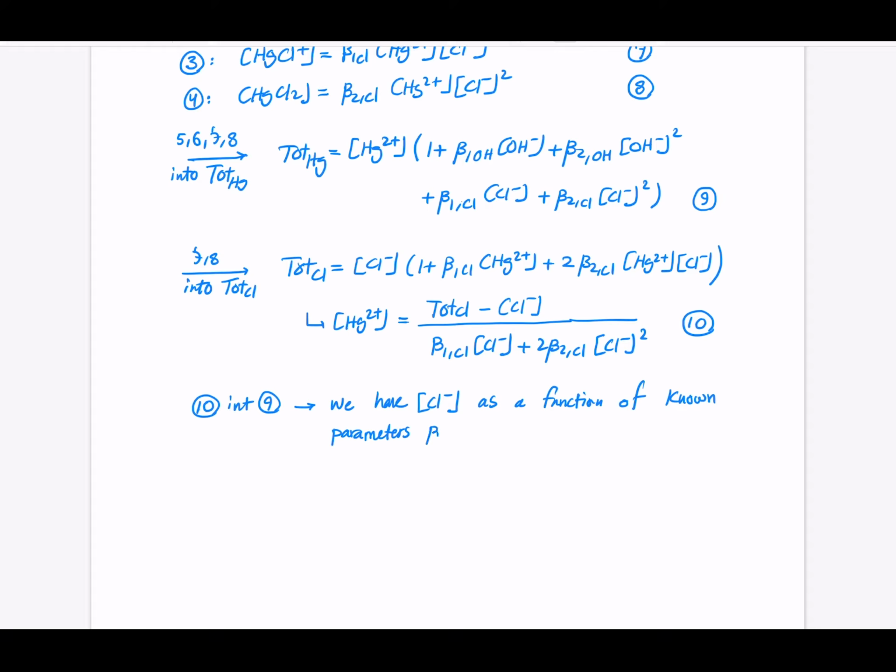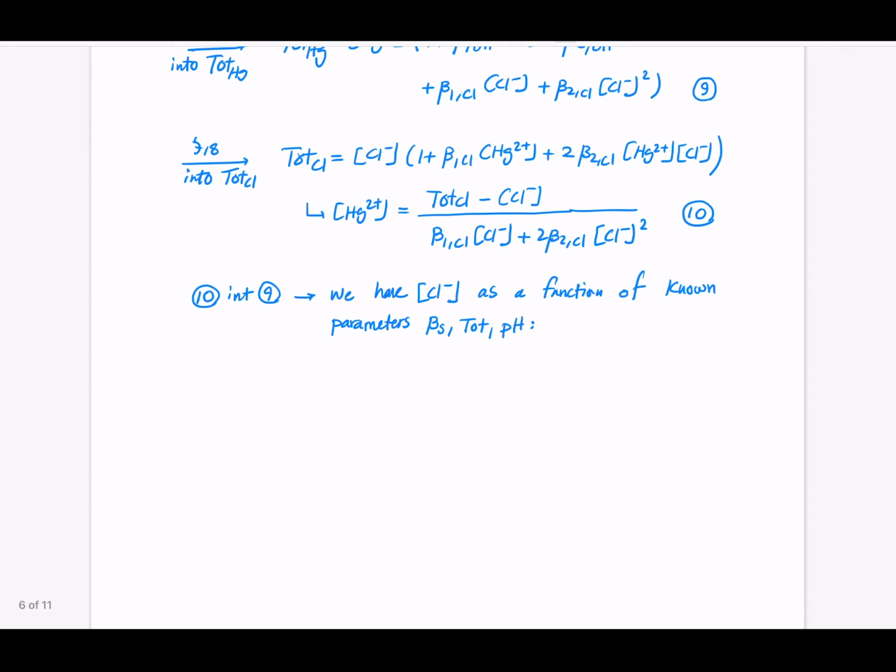Which is basically beta values, the total values, and the pH. So then what we do is basically for each pH, we need to solve a polynomial equation.